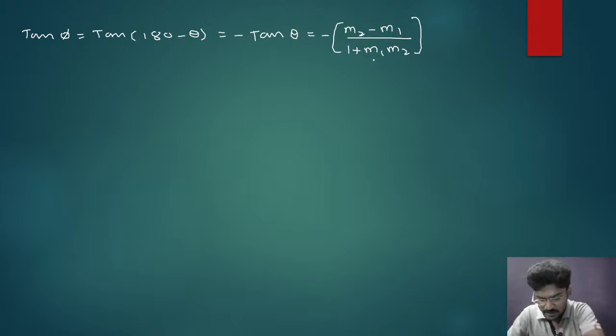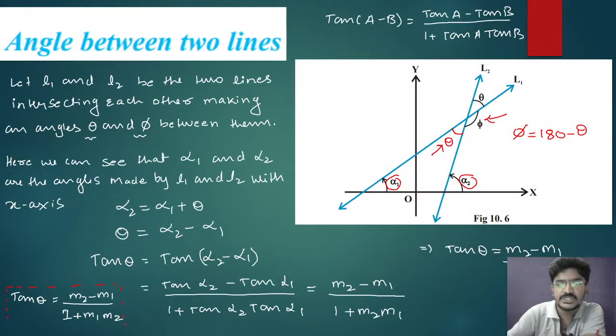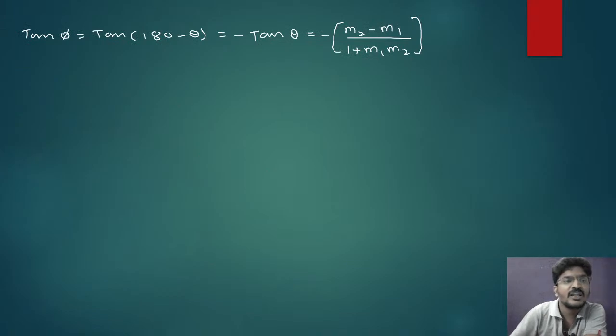Very good. So all of you are giving the right answers. From this we got two terms. Tan theta is m2 minus m1 divided by 1 plus m2 into m1, and another one is tan pi equal to minus of m2 minus m1 divided by 1 plus m1 into m2.